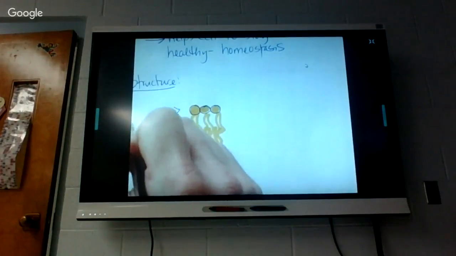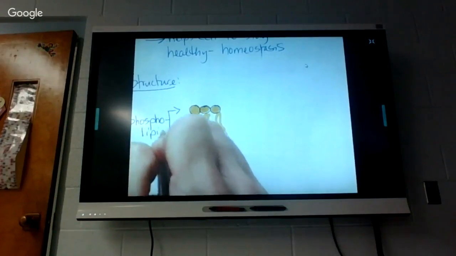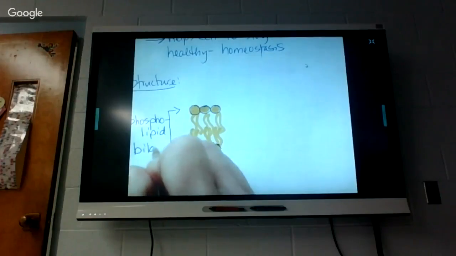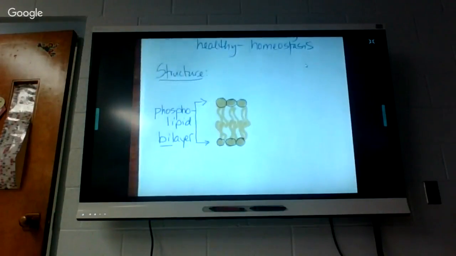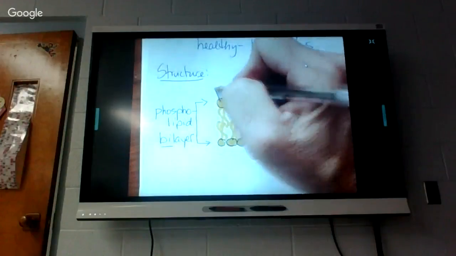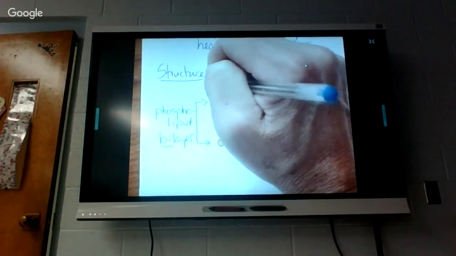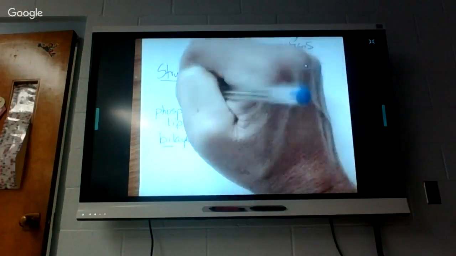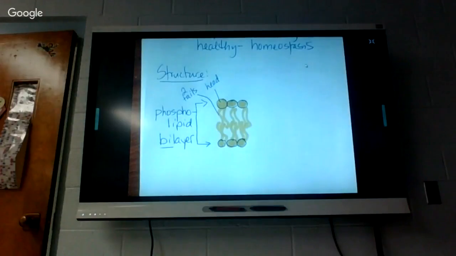So this is a phospholipid bilayer. All right. So what does bi mean? Bicycle? Coming to 2. So it has 2 layers of phospholipid. Now we know this top part is hydrophilic, and then it has the tail. So here's the head, and those are the tails. And shoulders, knees, and toes. Okay.